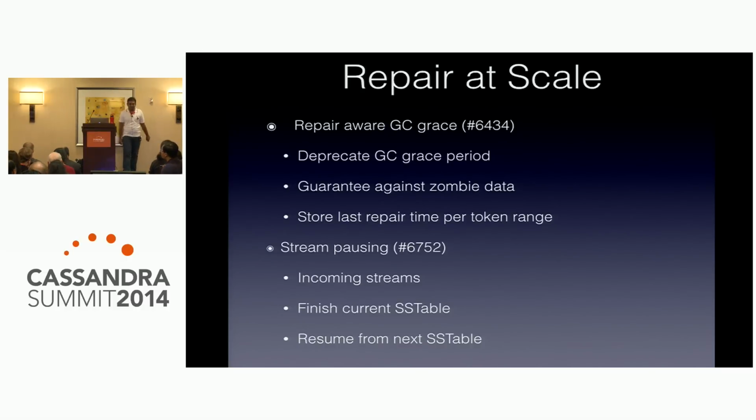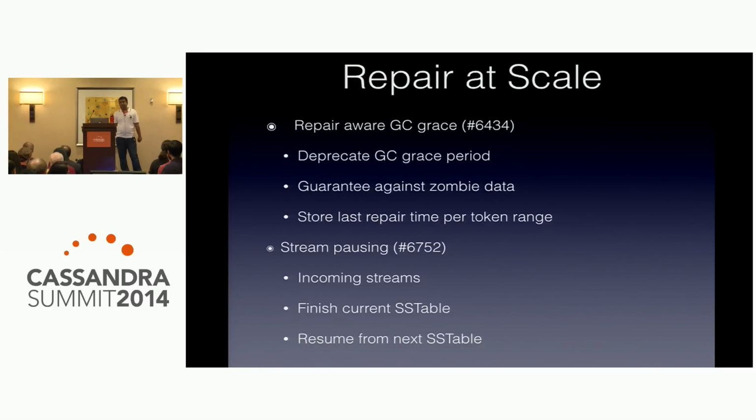Another thing is stream pausing. We have seen a lot of times that because of various reasons, Cassandra streams a lot of data, and the disk will fill up, and the node is going to die, right? So stream pausing, what that does is as the streams are coming in, you can pause it.